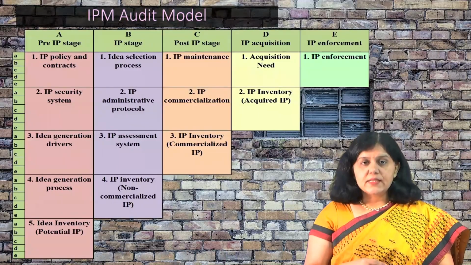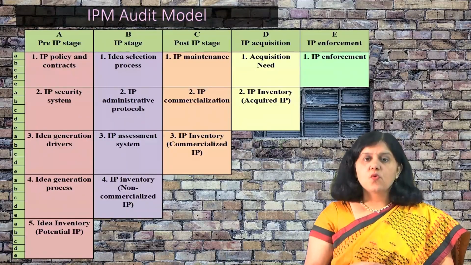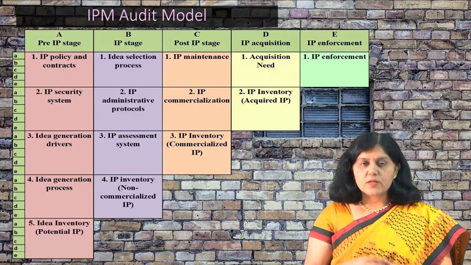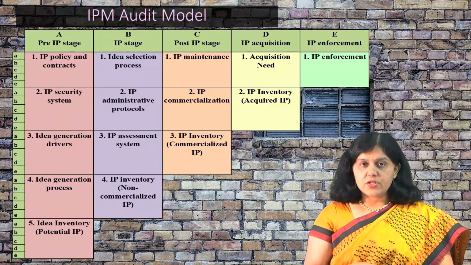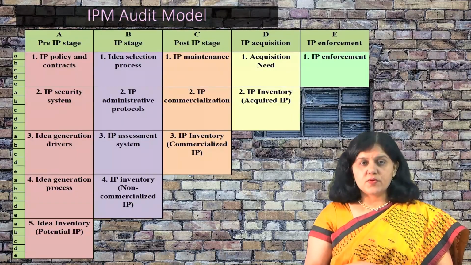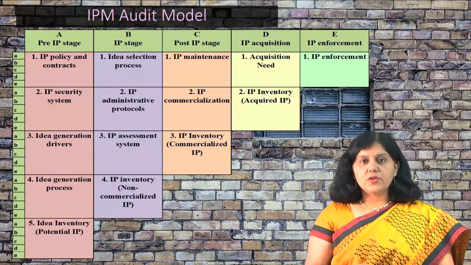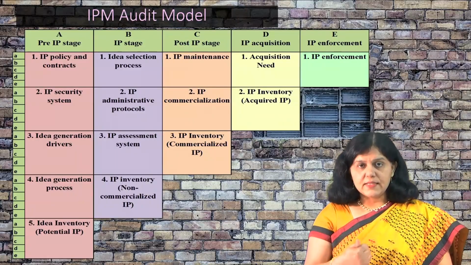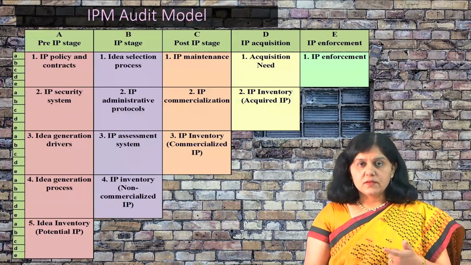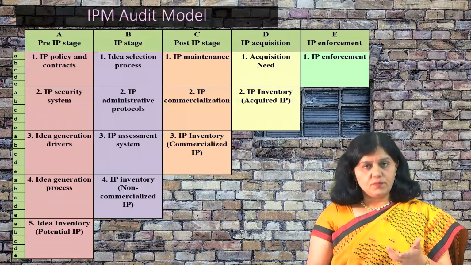In the second, the IP stage, there are 4 major processes. In the third, the post-IP stage, you can observe 3 major processes. Then in D, the IP acquisition, there are 2 major processes, and in the last, E, there is 1 process.